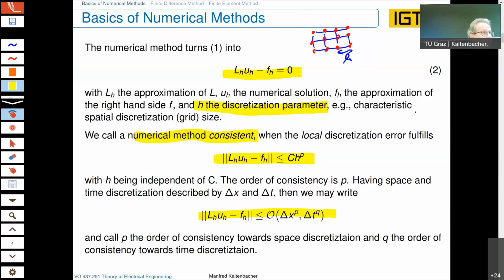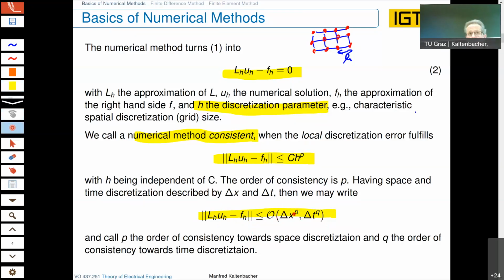So then clearly you not only have to discretize in space, you also have to discretize in time, and therefore you have this general expression. That would be great if you really can do the analysis and get such an inequality, and you know the convergence rate towards the space discretization is p.